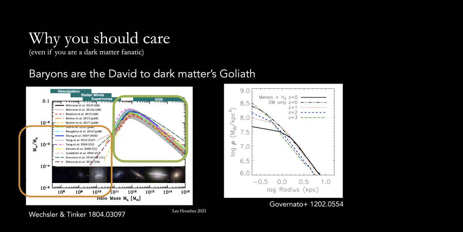What they show is that compared to a cold dark matter only simulation, which is this black dotted dash line here, the density profile of this dwarf galaxy's dark matter halo changes dramatically with time as baryons cycle in and out of this galaxy, even though overall, there are very few baryons in this halo at any given time.